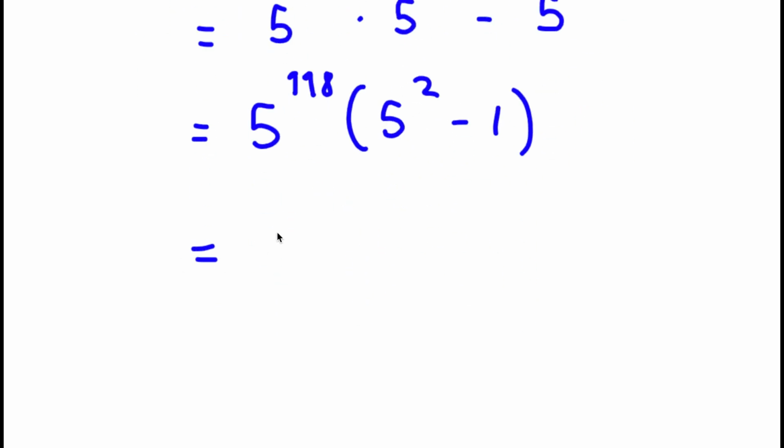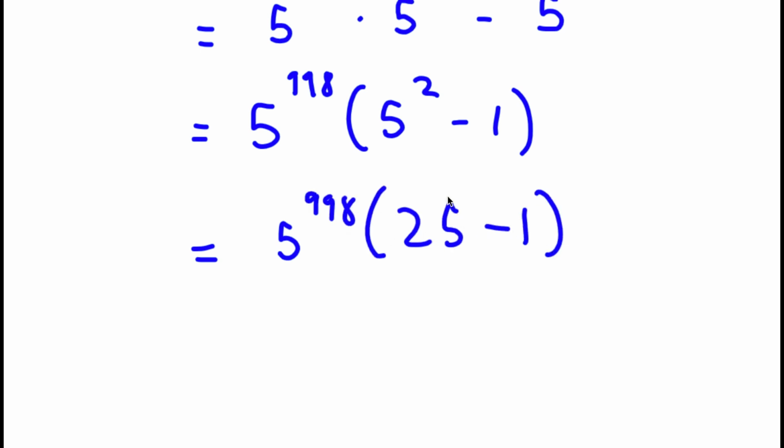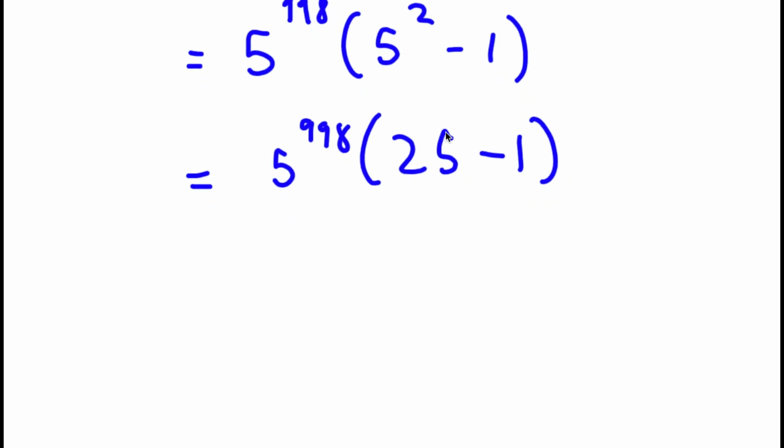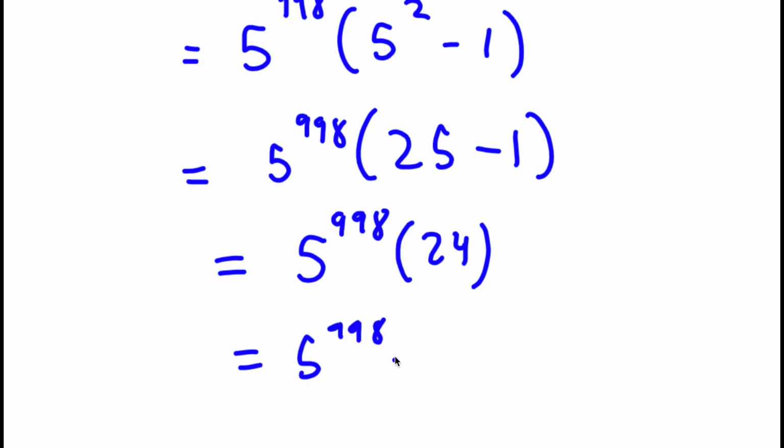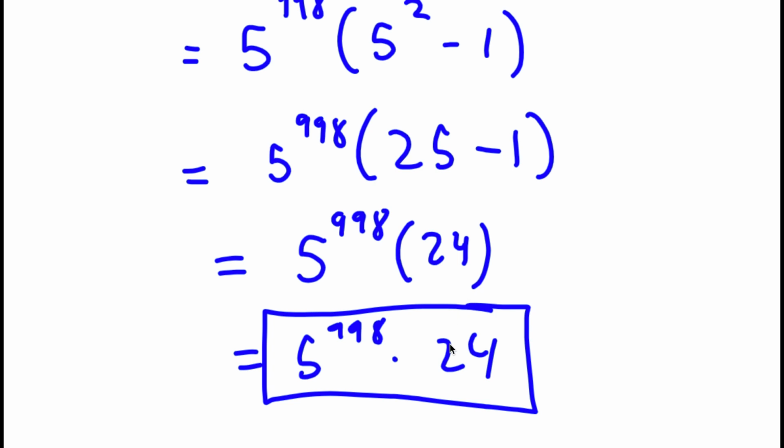So I have 5 to the power of 998 times 25 minus 1. And 25 minus 1 is 24. So I'm left with 5 to the power of 998 times 24. So this is my answer.